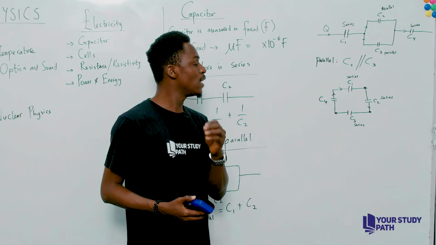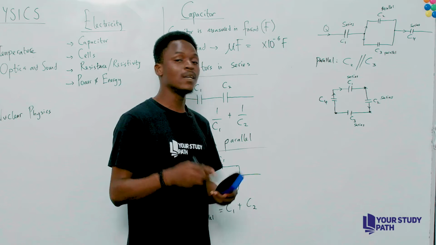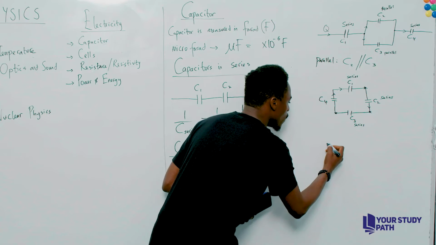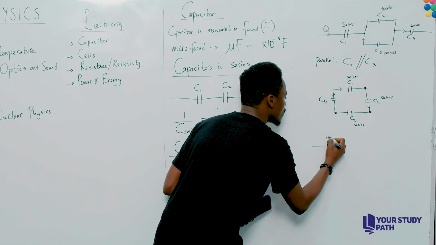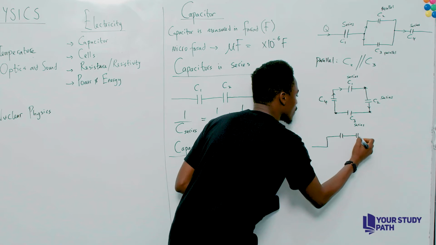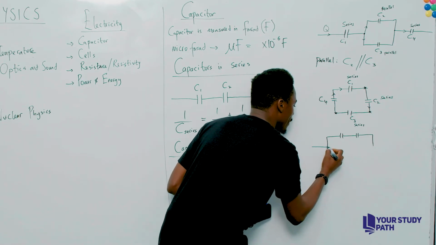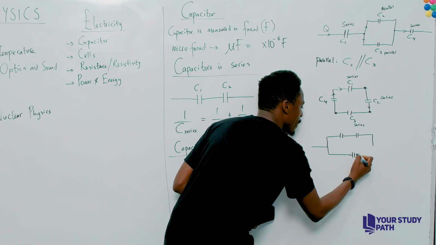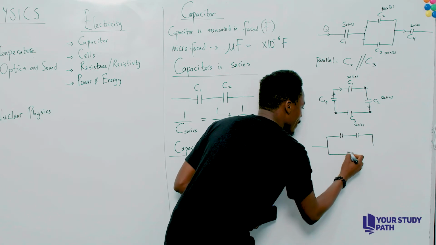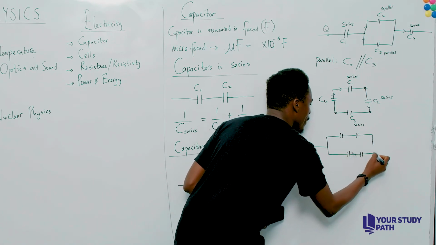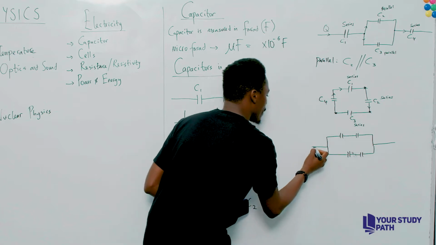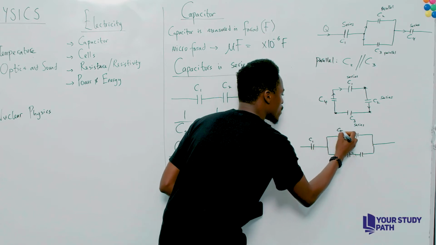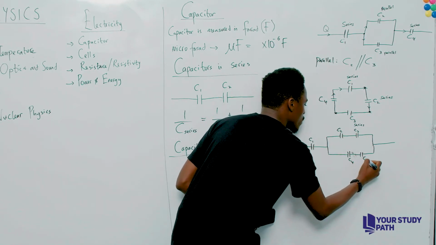Now you have identified how to figure out which pathway identifies a series connection or a parallel connection. Watch this. When we are given this, C1, C2, C3, C4, C5.